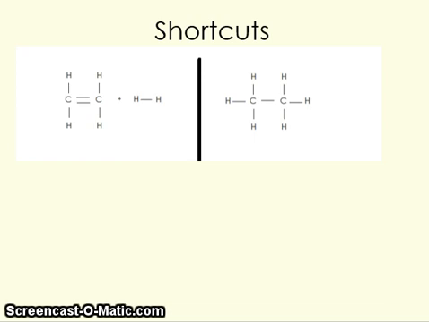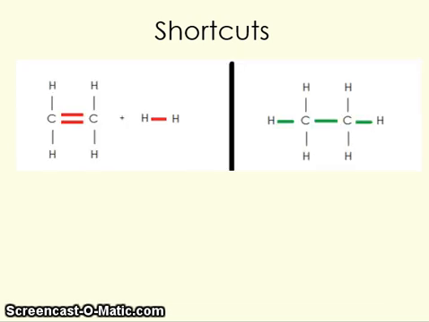As you can see on the next slide, we can have shortcuts. You can just look at the bonds that are being made and the ones that are being broken. On the left-hand side, the bonds that I've highlighted in red are the ones that are being broken, because those 4 C-H bonds on the left-hand side are still there in the right-hand side molecule, so you're not actually breaking them.